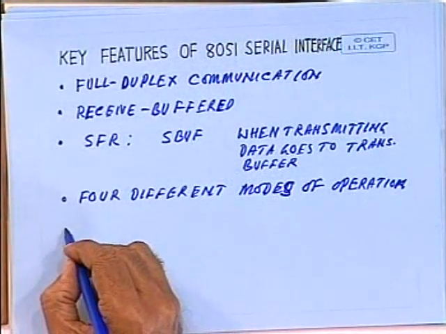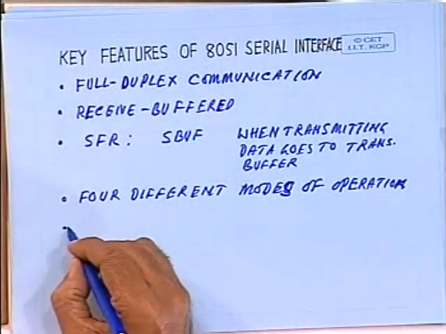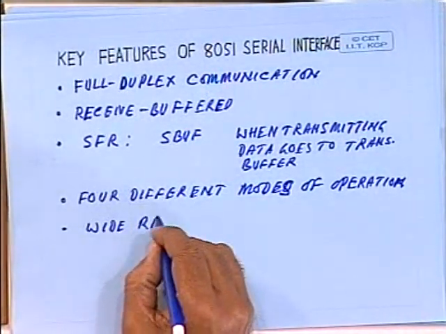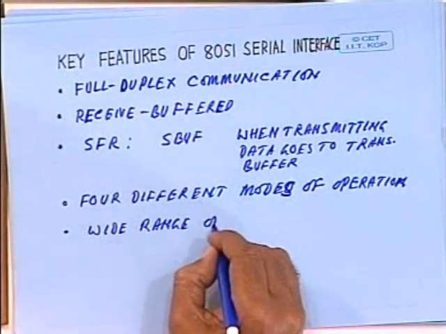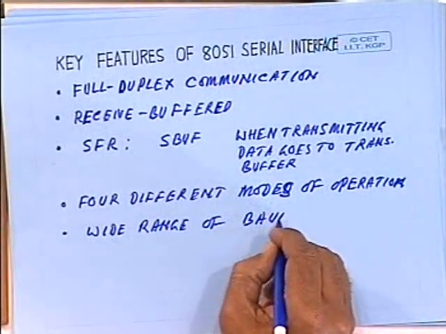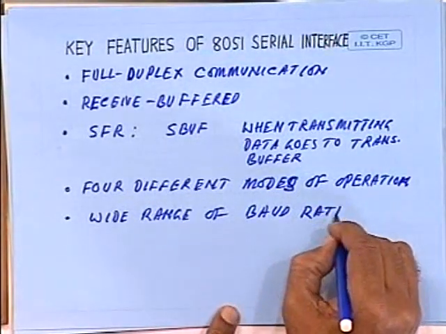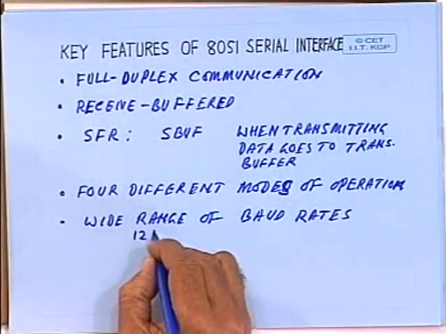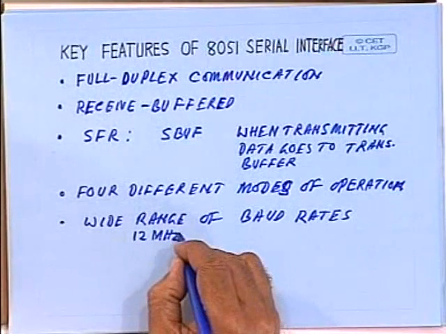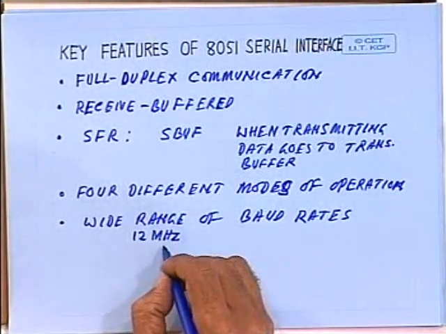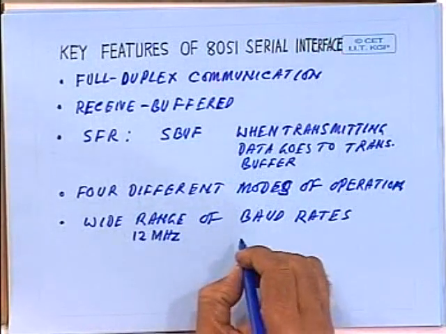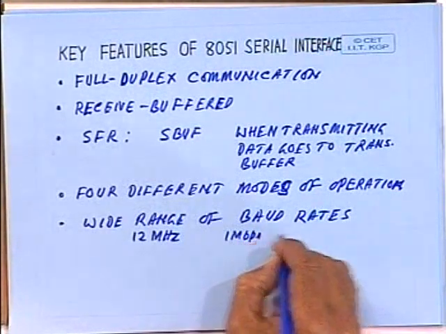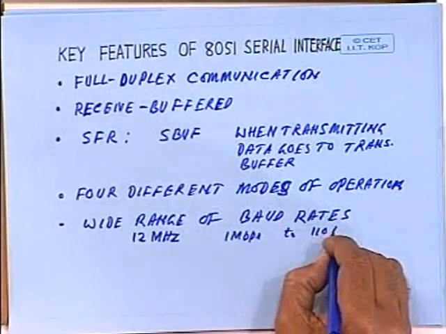Then, as I told, in the 4 different modes it supports a wide range of baud rates. As we shall see, if the clock frequency is 12 megahertz, which is the maximum clock frequency allowed in the typical 8051 processor, the baud rate can vary from, say, 1 megabit per second to maybe 110 bits per second.